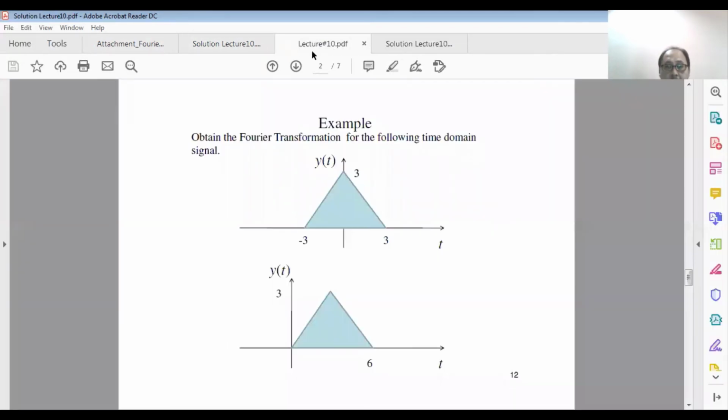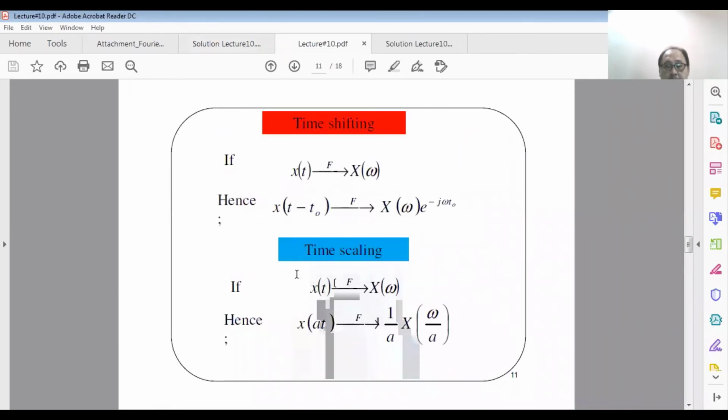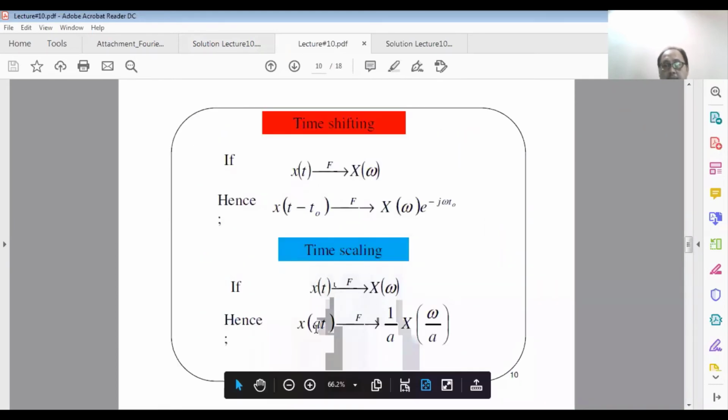Refer back to the time scale property: when you have x at, the respective Fourier transform is 1 over the constant times X omega over a.